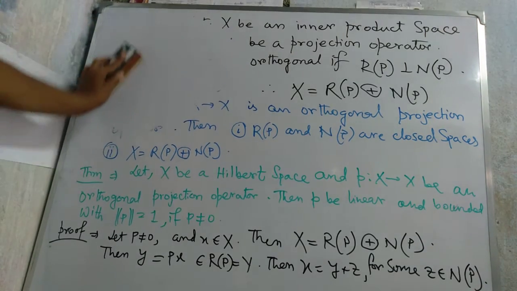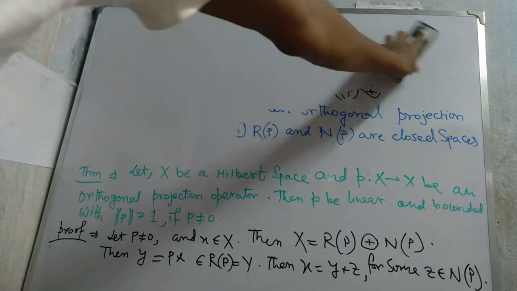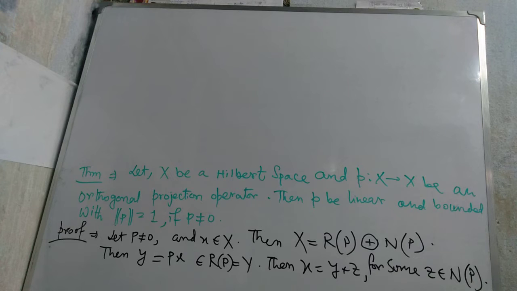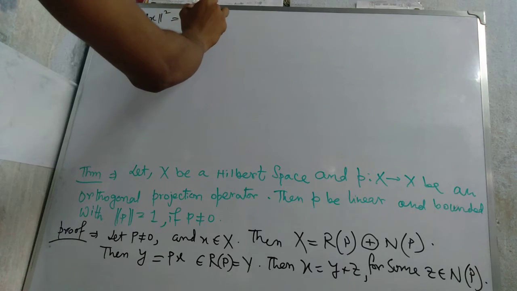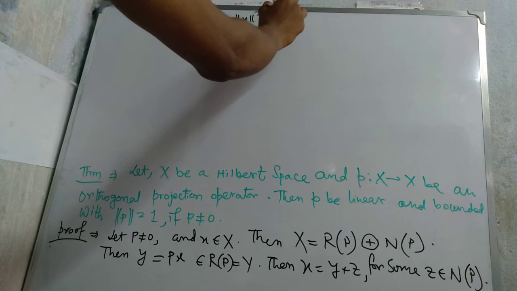Now norm of x square equal to norm of y plus z square equal to norm of y square plus norm of z square.